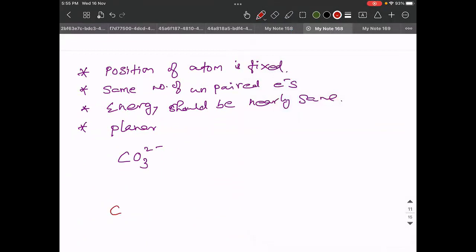Carbon double bond O, single bond O, single bond O, with lone pairs. Now the electrons can move, giving carbon single bond O with a minus charge.